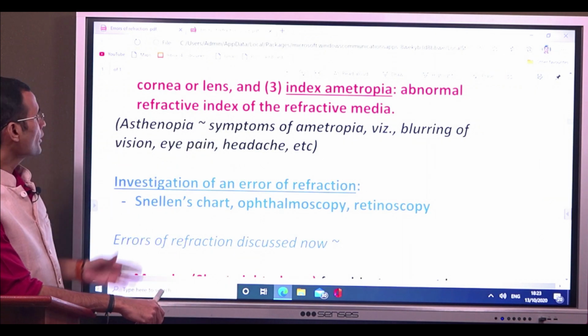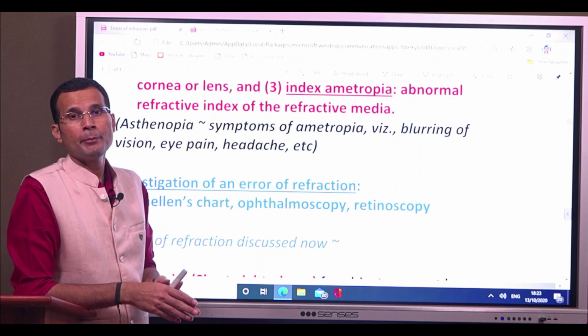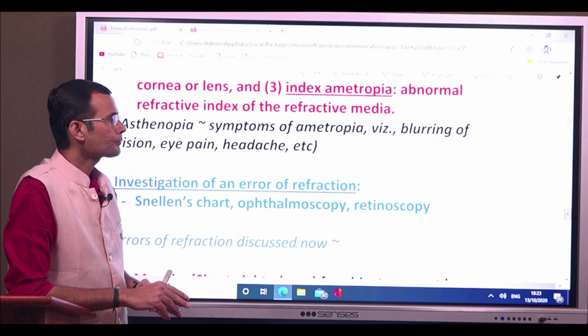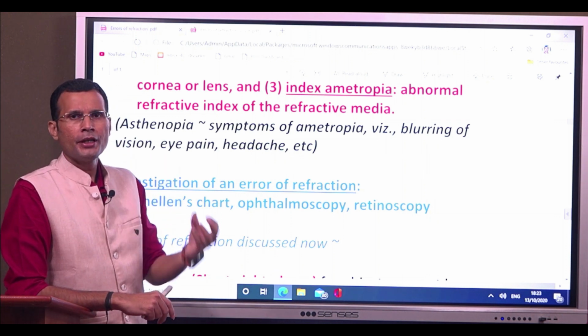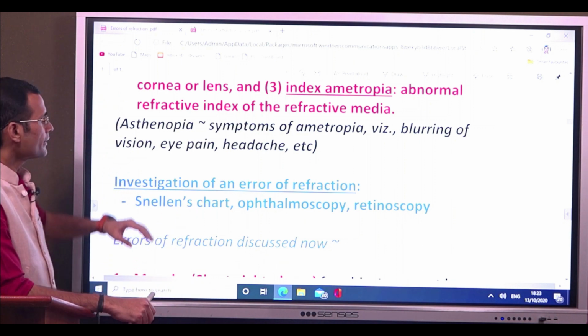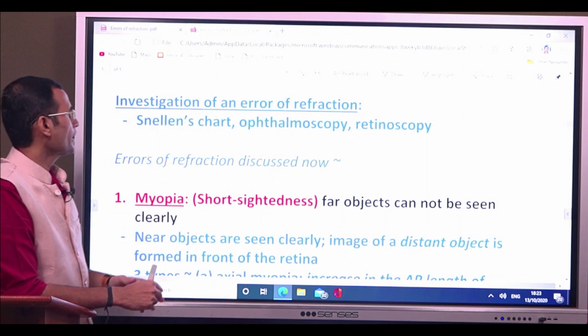Let me just add here, what is asthenopia? Asthenopia is symptoms of ametropia, symptoms caused by the error of refraction. Blurring of vision, eye pain, headache are some of the symptoms, and it's called as asthenopia. How do we investigate an error of refraction?